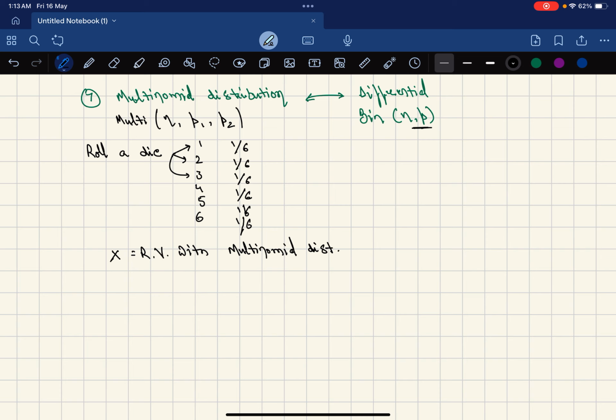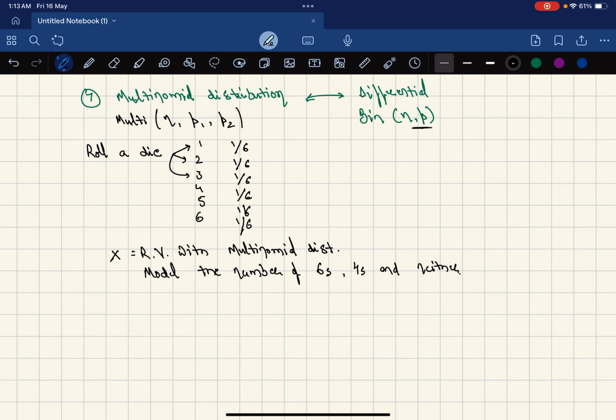Let us say in the random variable x, we are trying to model the number of 6s, 4s and neither. So there are three possible outcomes for each of the trials in this case.